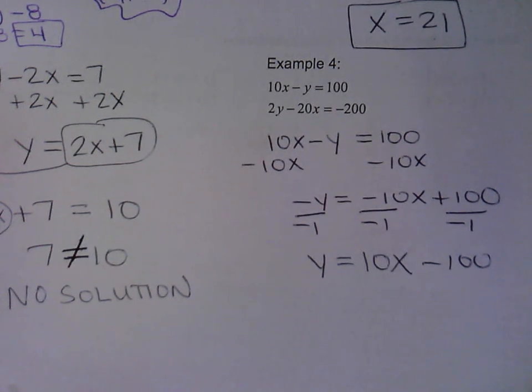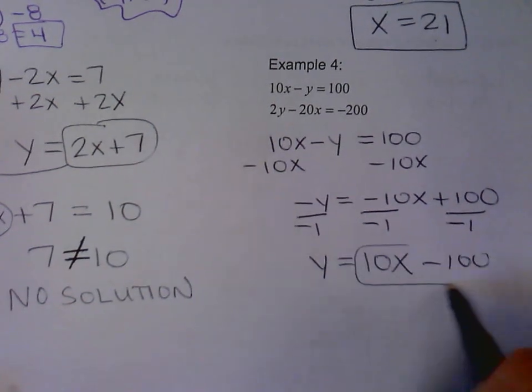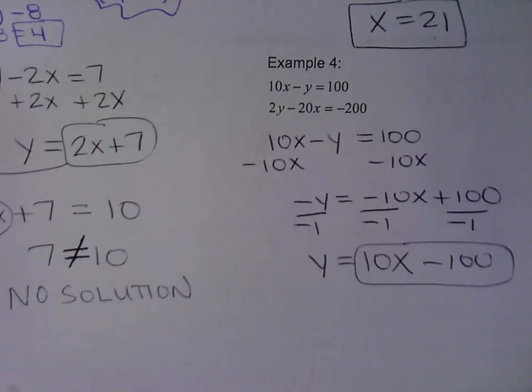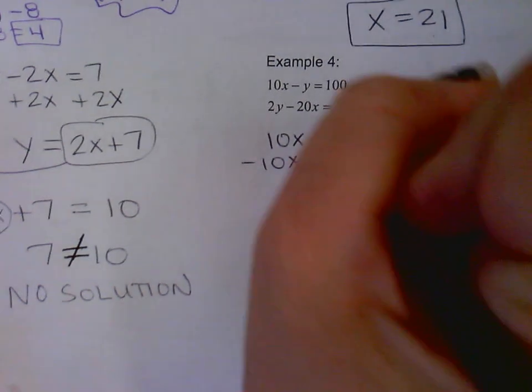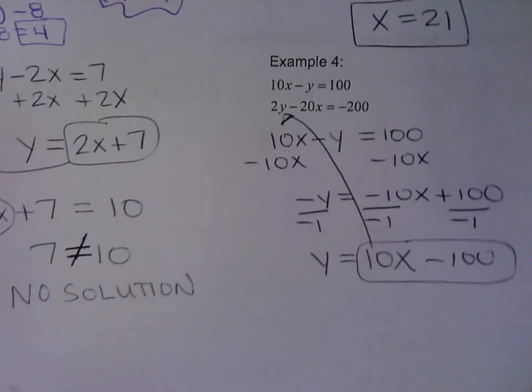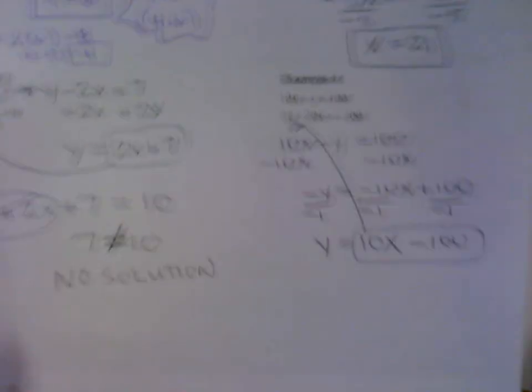So we're going to take that and plug it into the other equation. I'm just going to draw an arrow. We worked the top equation, so we're going to plug it into the bottom equation for y. You don't want to plug it back into the top equation. You have to plug it into the other equation. All right, let's see if we can write that out.